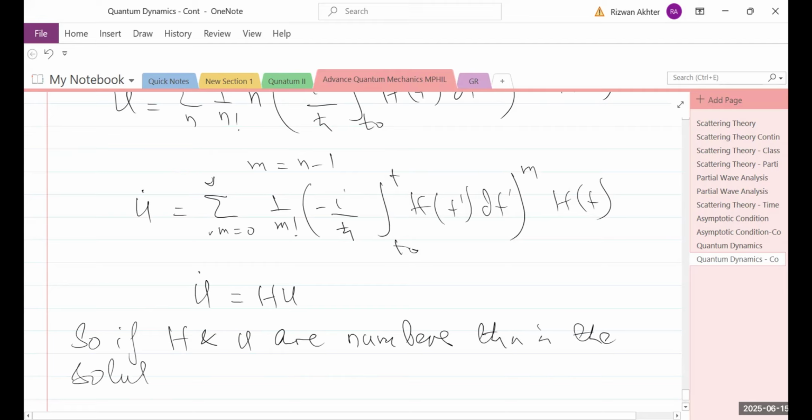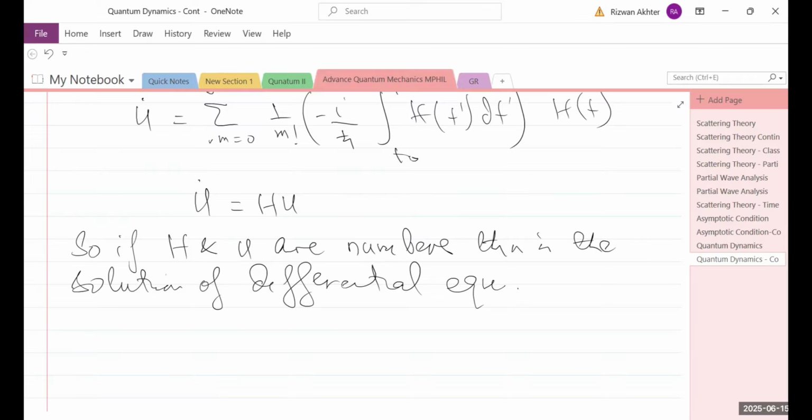So in the previous case, where h and u are operators, you got h as independent of time, the solution was the same, whether h or u are numbers or operators doesn't matter in the previous case, but in this case it does matter. Why? Because h is a function of time.